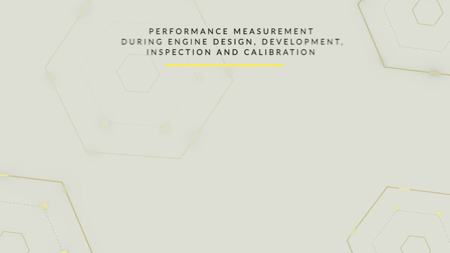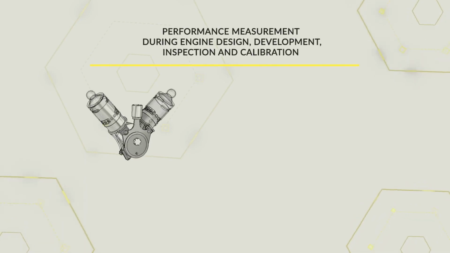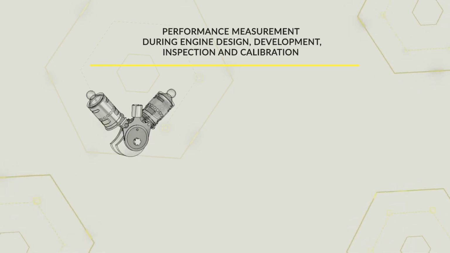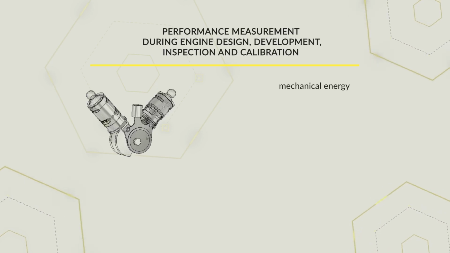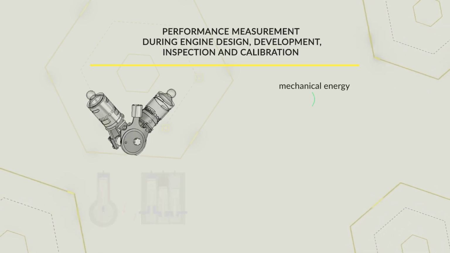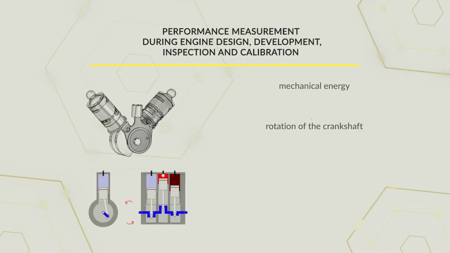We know that inside the cylinders, the pistons collect energy during the expansion phase, and that part of the heat generated by the combustion of the air-fuel mixture is converted into mechanical energy. The gases that press on each piston generate a force that is transmitted from the connecting rod to the crankshaft, causing it to rotate.